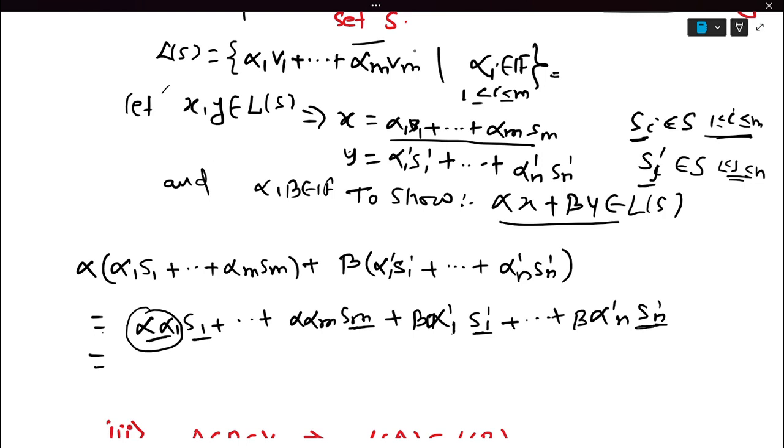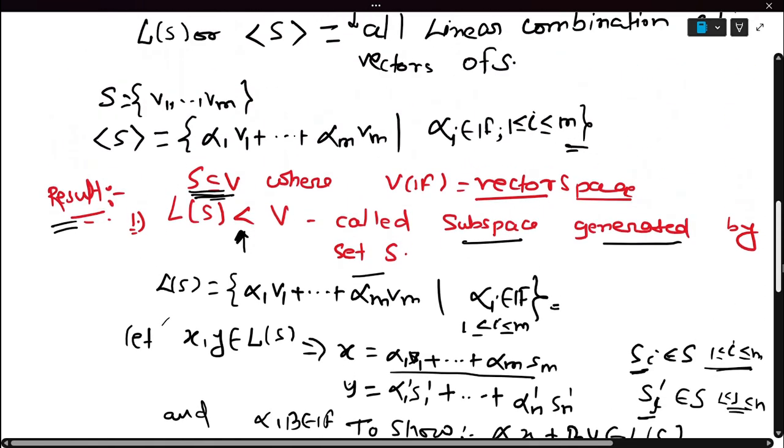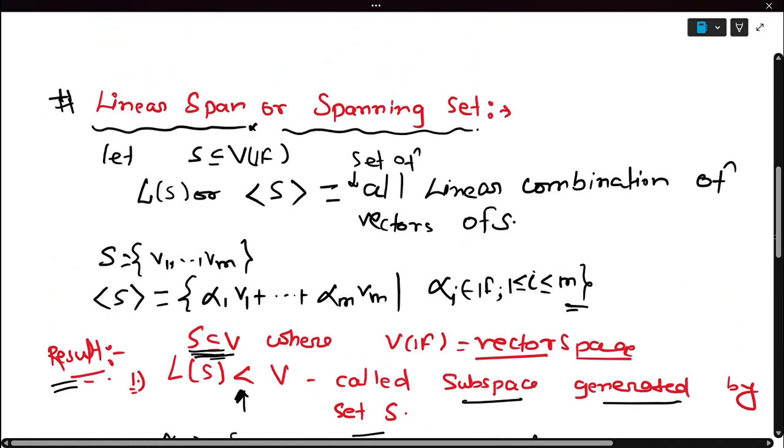So alpha 1 dash, alpha 1 will also belong to the field. Similarly, this will also belong to the field, and this will also belong to the field. So if all the coefficients belong to the field and all the vectors are from S, then this is an element of L of S. Because how do we define an element of L of S?